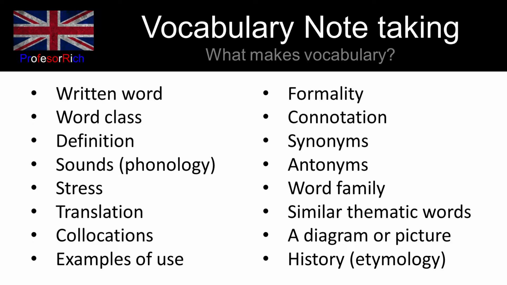Then we have translation, which might be a little controversial, but personally I think that can be useful to note down the translation of a word or phrase in your own language or in your first language. Then we have collocations, and collocations are words that frequently go with that word.